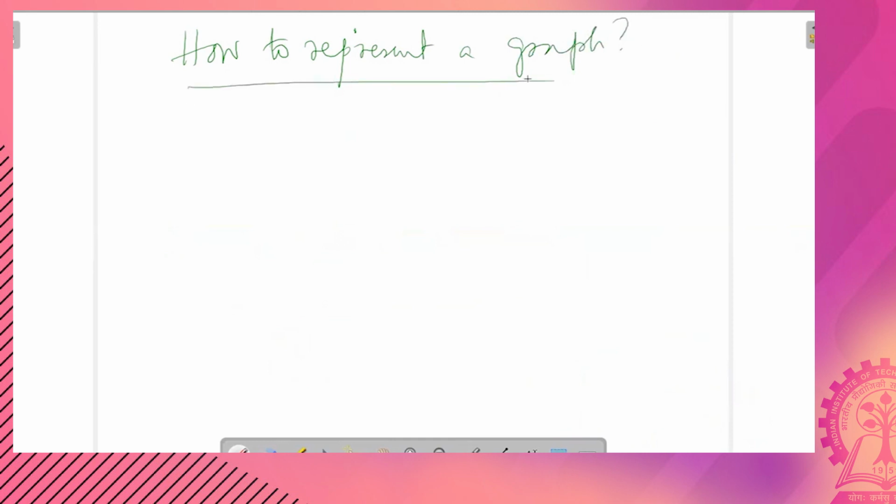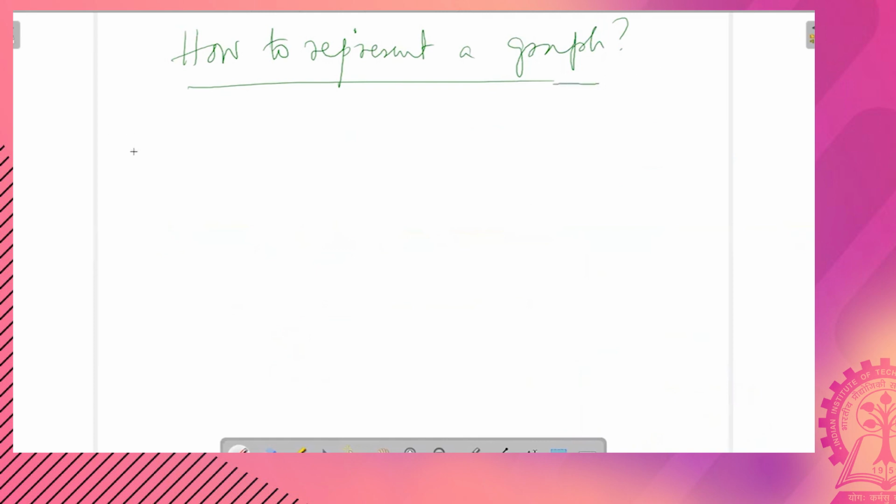So the next thing is how to represent a graph. There are at least two different ways in which one can represent a graph.